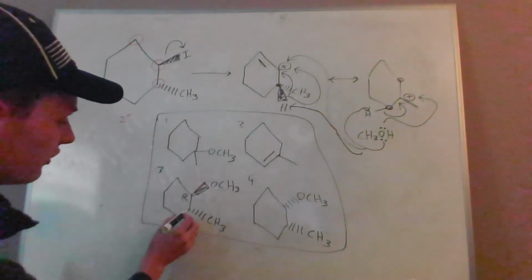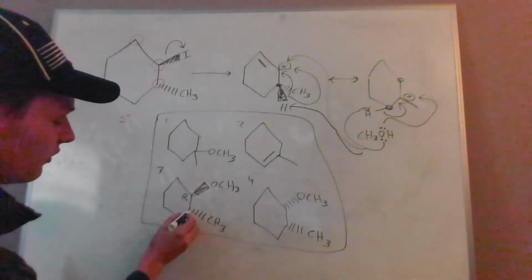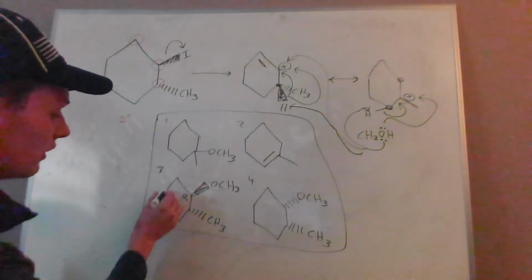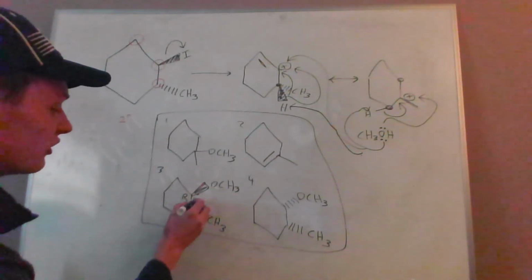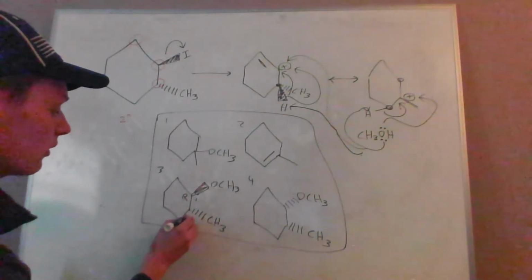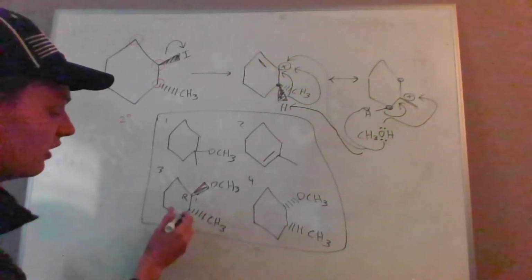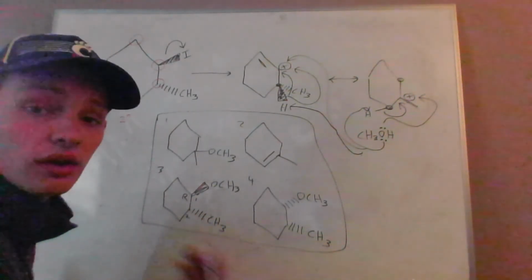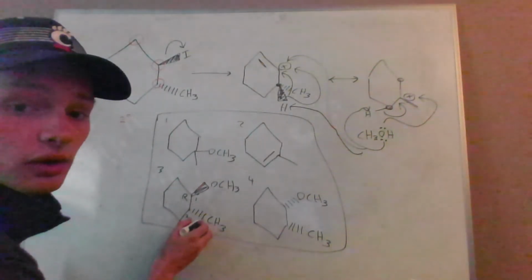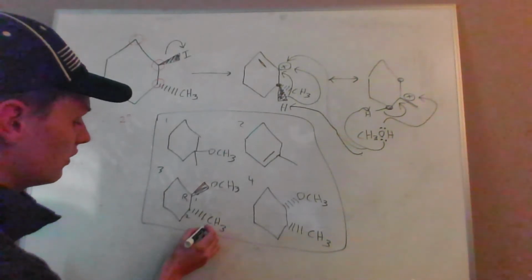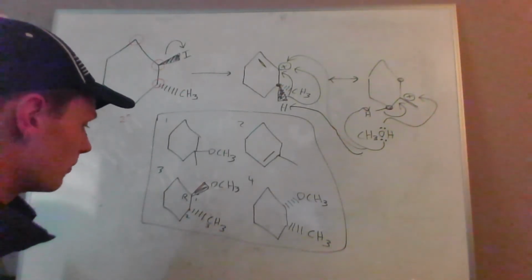Now, what about this one? We have a methyl group, and then we have the rest of the ring, and then we get to an oxygen, so obviously this is going to be a higher priority. We have a 1 and a 2, and then we have a hydrogen that would be coming out of the page at us here. Hopefully you can see it. So it'd be a wedge, and then you have your third group there.